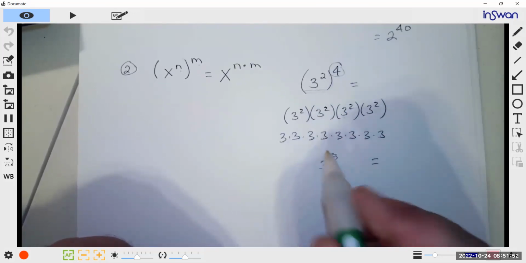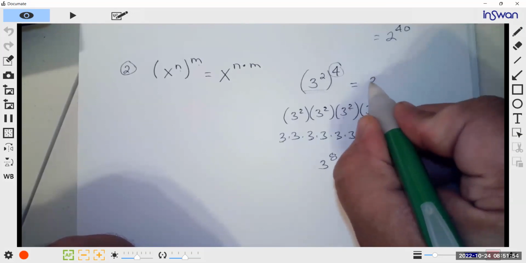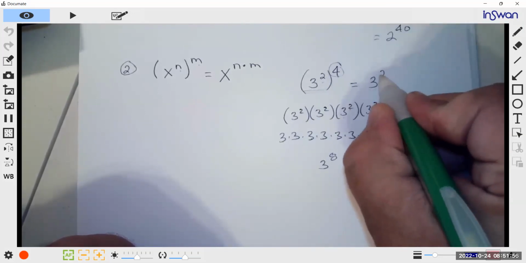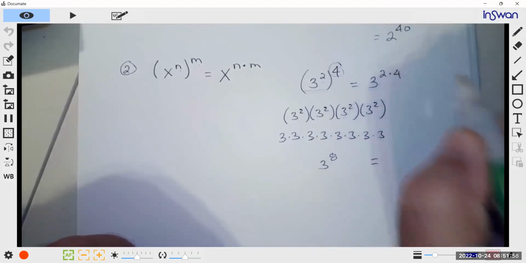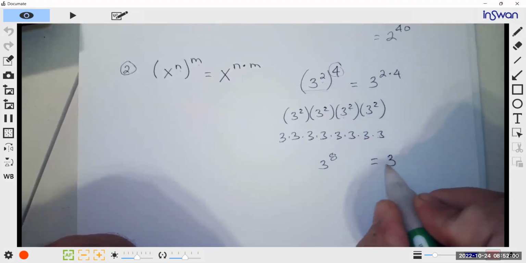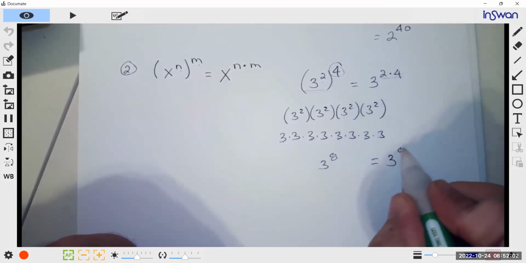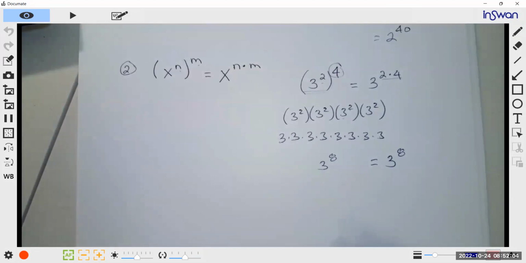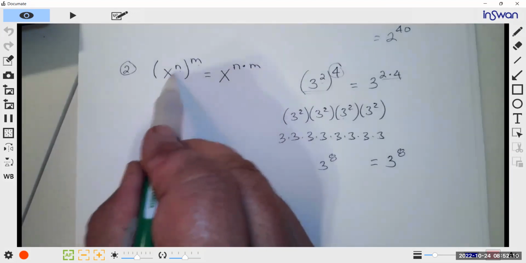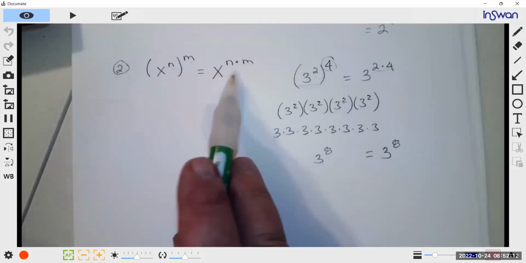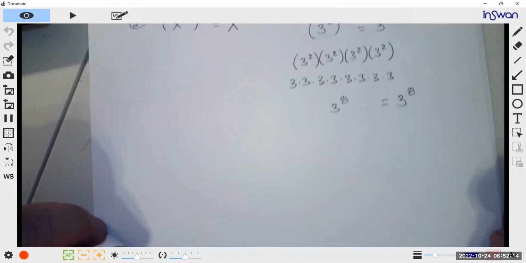I could have done it like this, or by the rule, power to a power, I multiply them. 2 times 4 is 8. So whenever you have a power raised to a power, then you multiply the exponents.